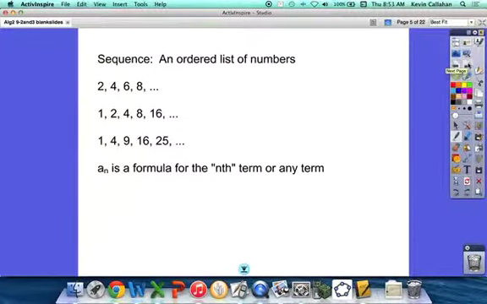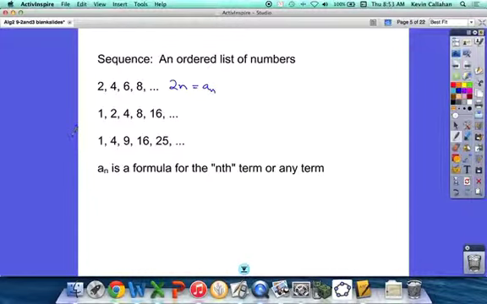So a sub n, if I use a subscript of lowercase letter n, refers to the nth term or any term in the sequence. For example, in this first one here, do you see a pattern? It would have a formula for the a sub n, which would be 2n. 2n is the a sub n, because I can use that to find any term in the sequence.